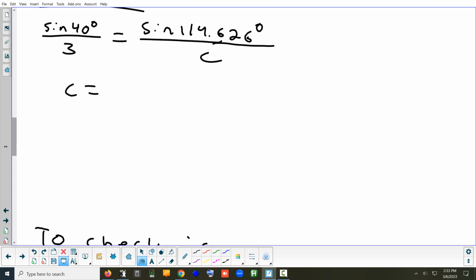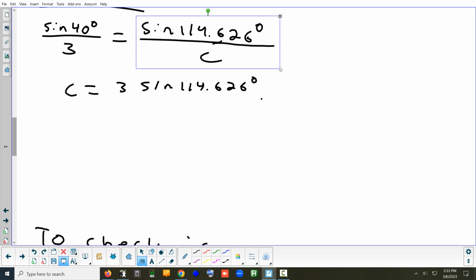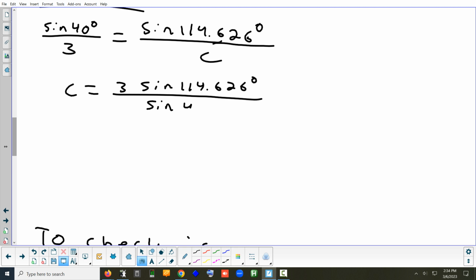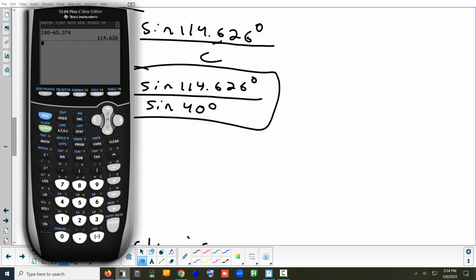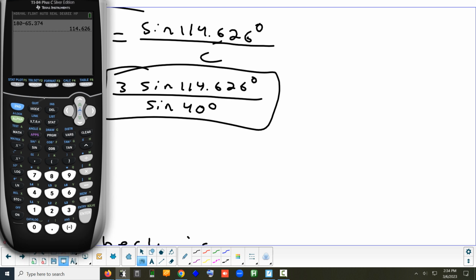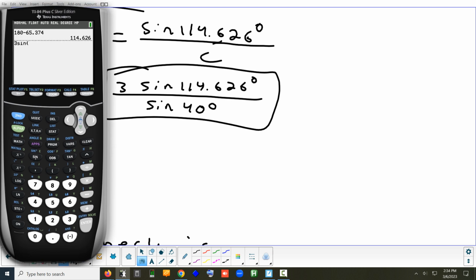Okay, so C equals 3 sine 114.626. And what am I going to divide by? Sine 40. So let's see what we get. 3 sine 114.626 divided by sine 40.